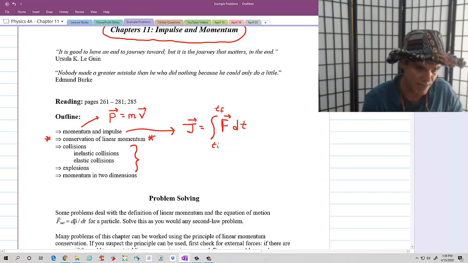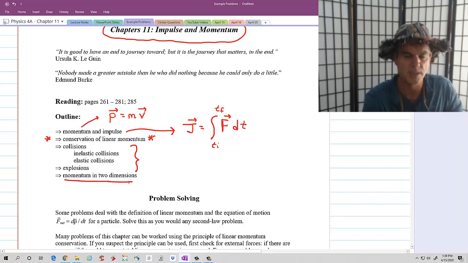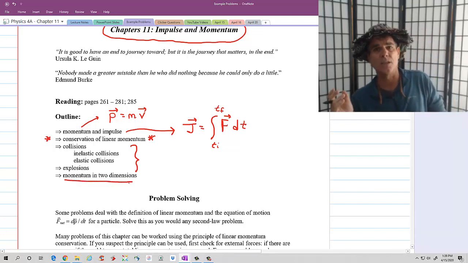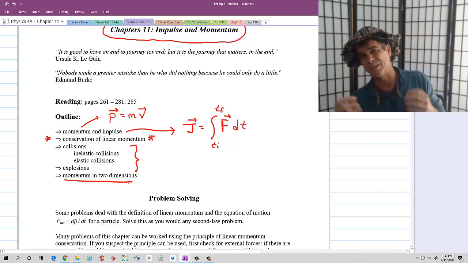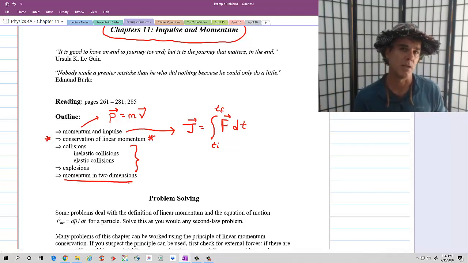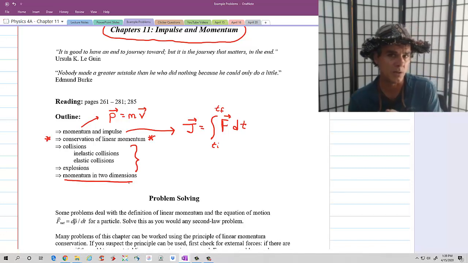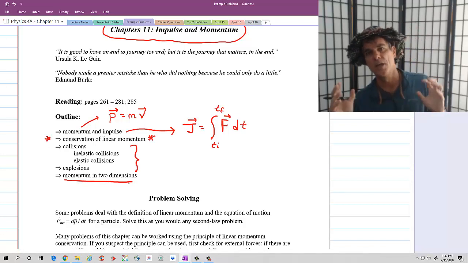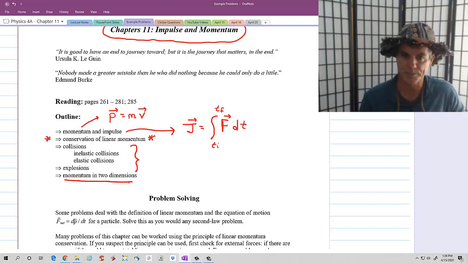And then if I have time, I'm going to talk about momentum in 2 dimensions. It's really just conservation of momentum applied in the x direction, conservation of momentum applied in the y direction. I'm not sure yet whether or not I'm going to include this on the second celebration. We'll see how far we get.